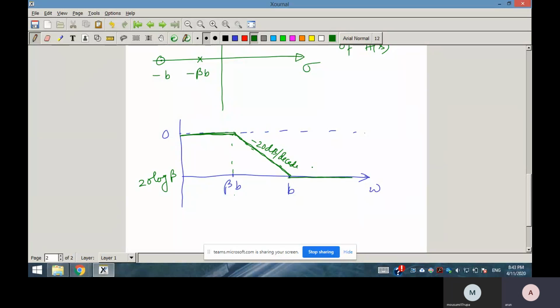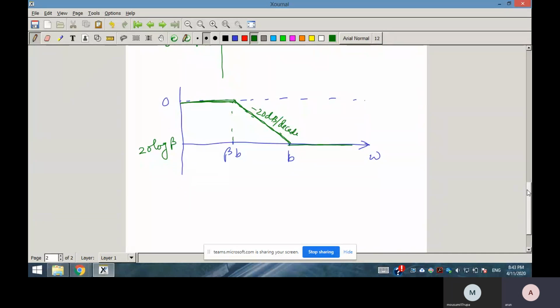Okay, so now this is your Bode plot. From the Bode plot you can easily see that in this frequency range gain is unity, but in this frequency range it is providing attenuation. Gain is negative in dB because beta is less than 1.